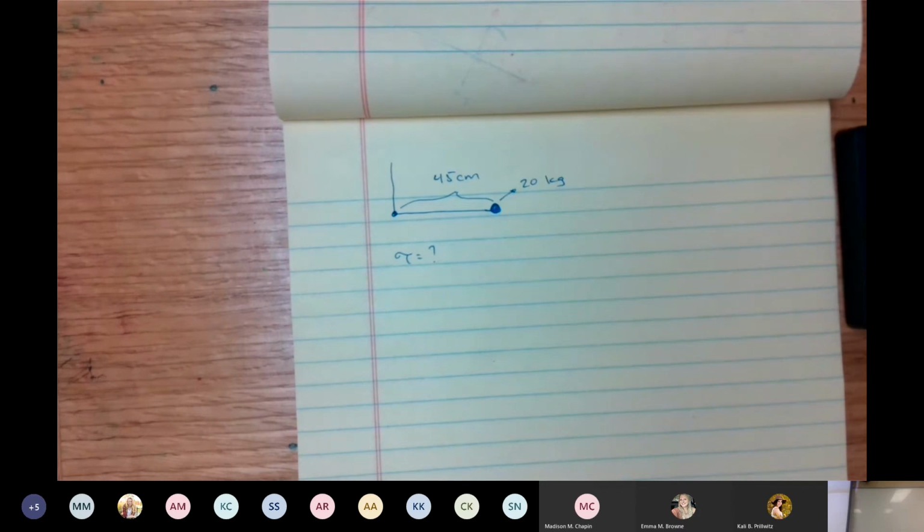I don't know what to do. I don't know if there's an angle. Yes, there's an angle. So draw the force. Which direction is the force? What force do you have, first of all? What is the force that's causing your arm to rotate? So, you said the units were newtons and meters. Would I need to convert it to meters? Yep.